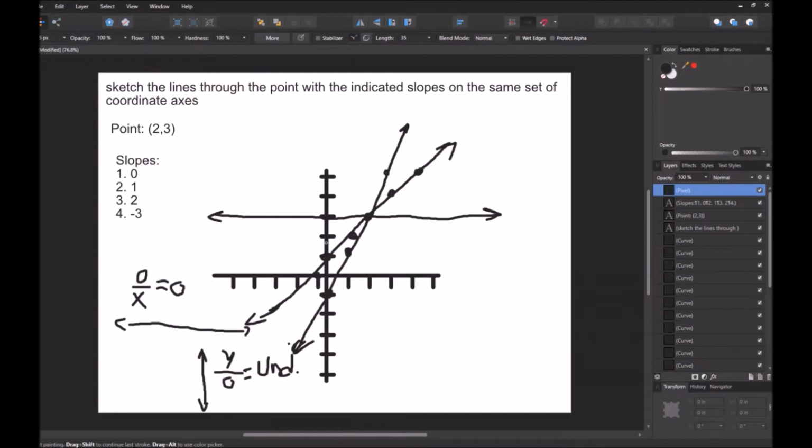Now we have a slope of -3. So this means for every 1 to the right we go on the x, we're going to go down 3 on the y. And for every 1 to the left we go on x, we're going to go up 3 on the y. So we're going to go down 3 and to the right 1. Then we're going to go down another 3 and then to the right another 1.